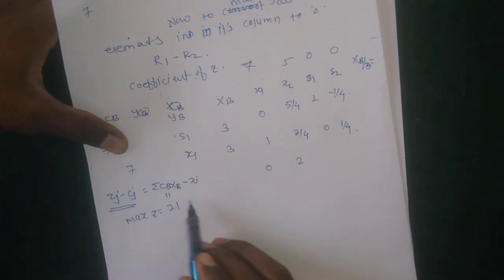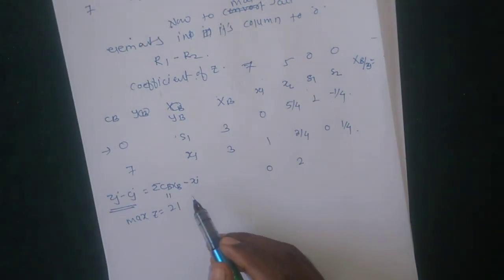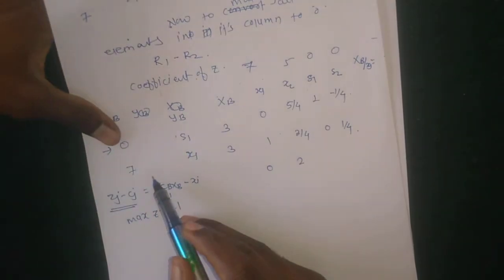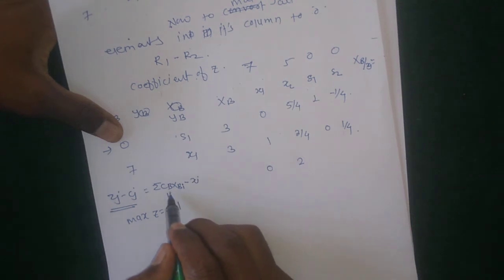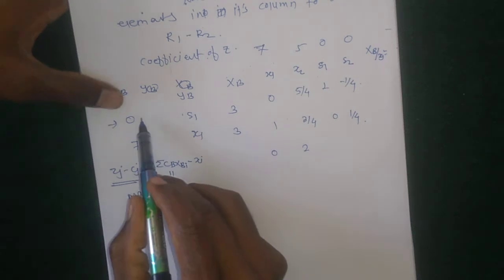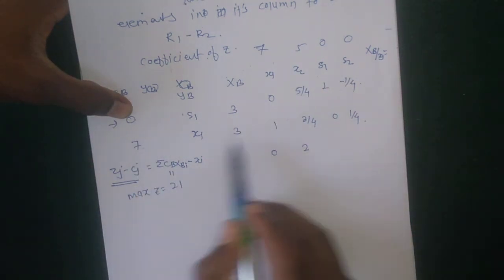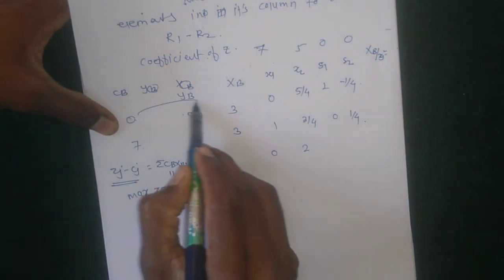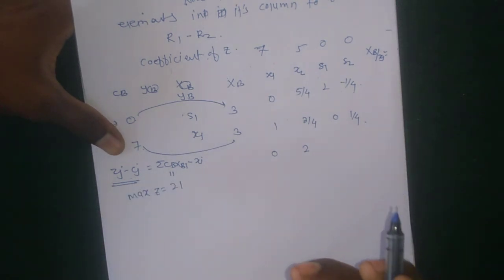Sorry, cb means 0 into 0, 7 into 7, 7 into 1. This is only cb xb, but zj minus cj, how to calculate?